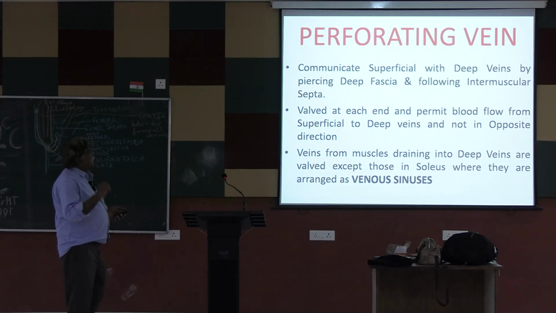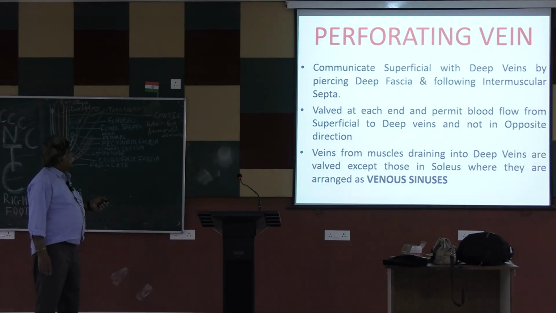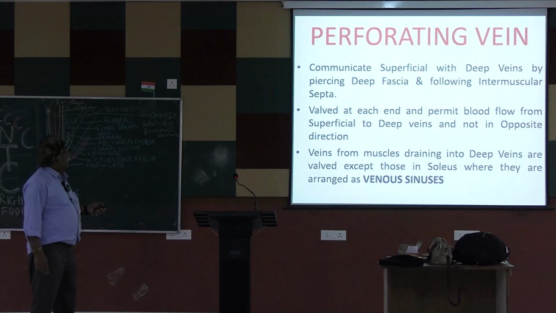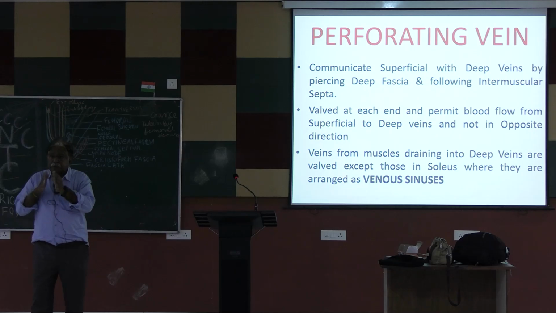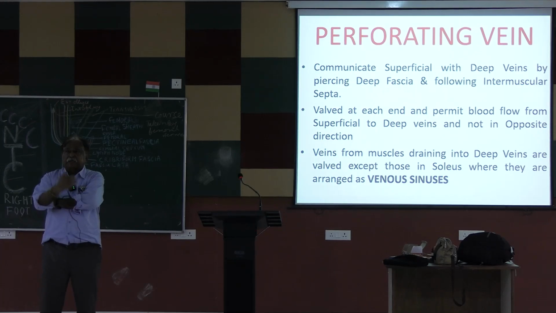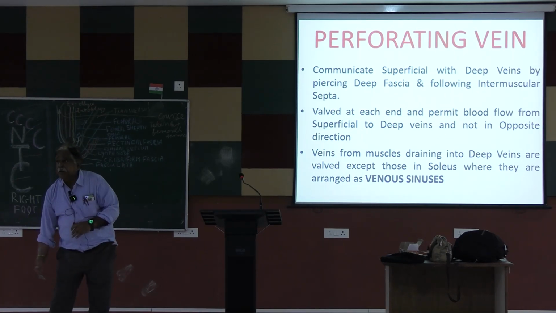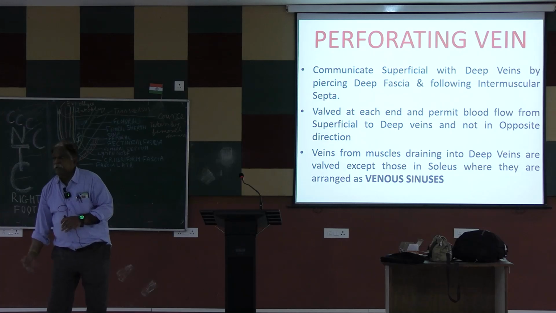Now, perforating vein communicates superficial with deep veins by piercing deep fascia and following intramuscular septa. It is following the intramuscular septa. When you see, best is that you take a transverse section of different parts of the leg.